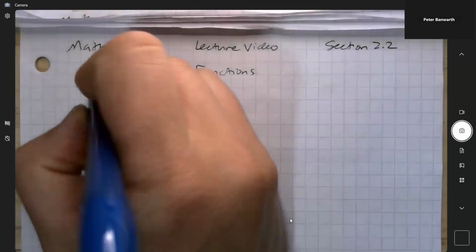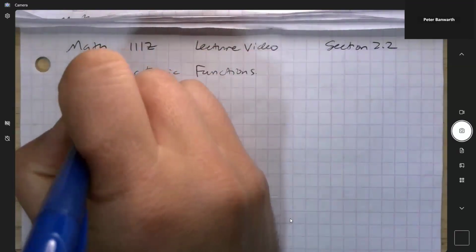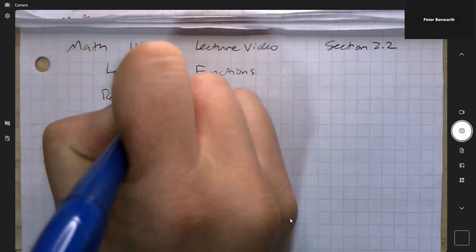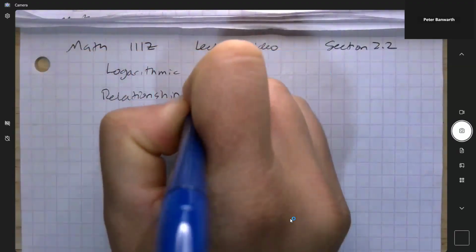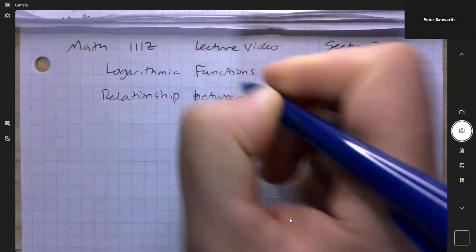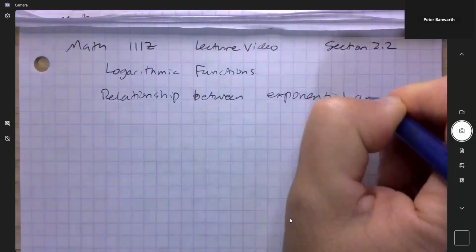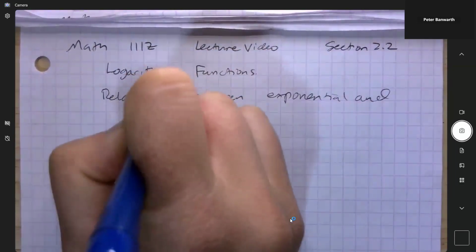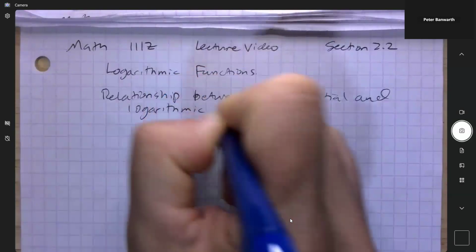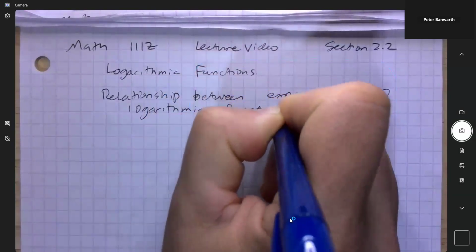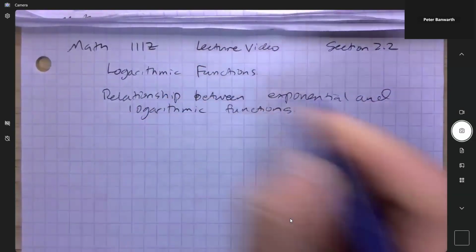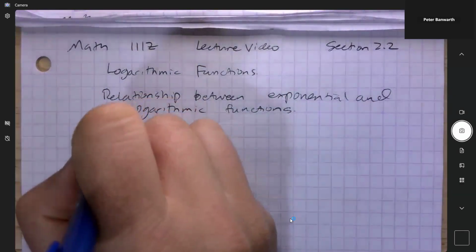What I am going to talk about is the relationship between exponential and logarithmic functions. And that relationship is one we've seen before.